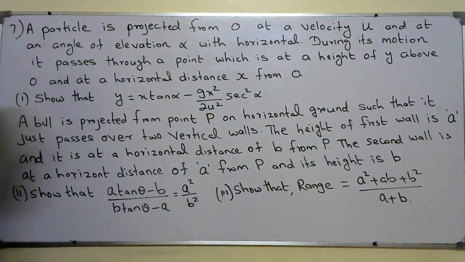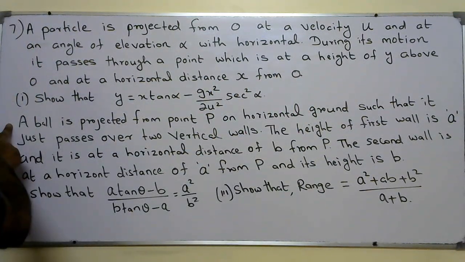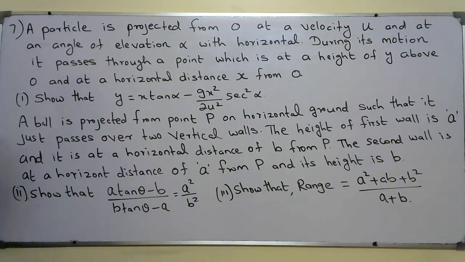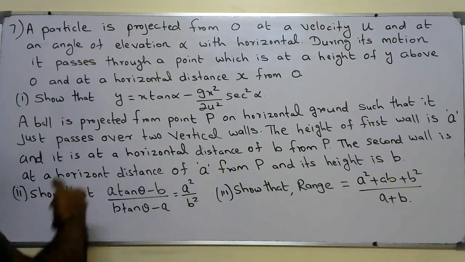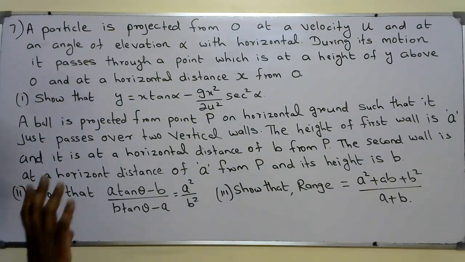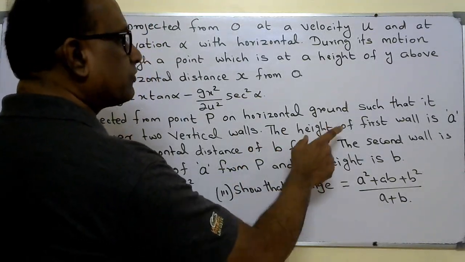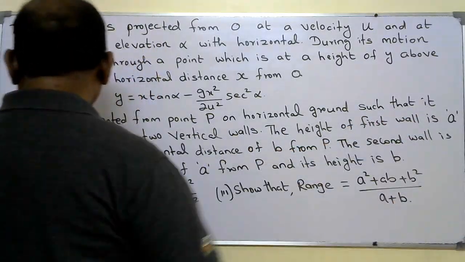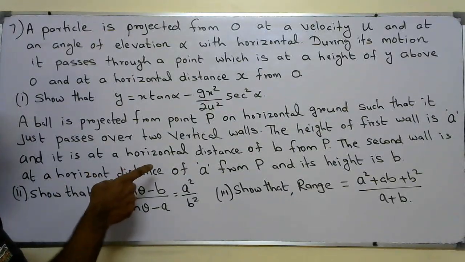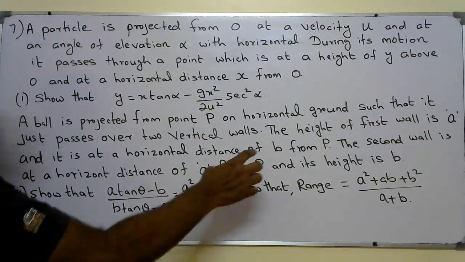Second part, next thing, a ball is projected from point P on horizontal ground such that it just passes over two vertical walls. So they are not the same height, because the question says that the height of the first wall is A and it is at a horizontal distance of B from P. P is the point of projection.